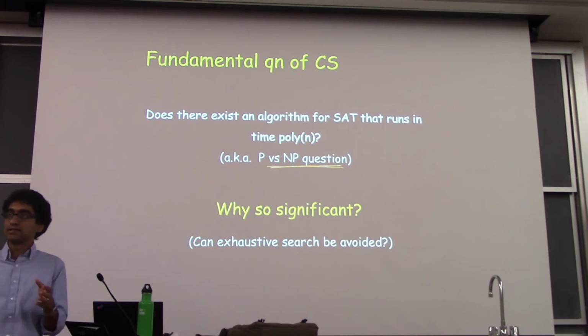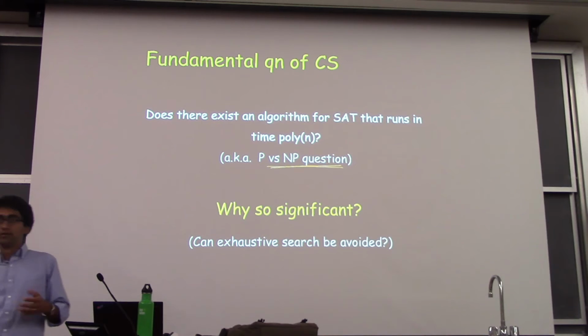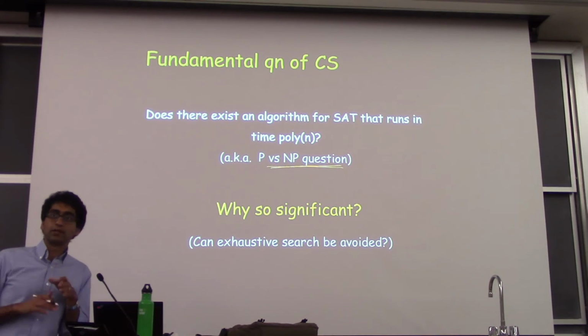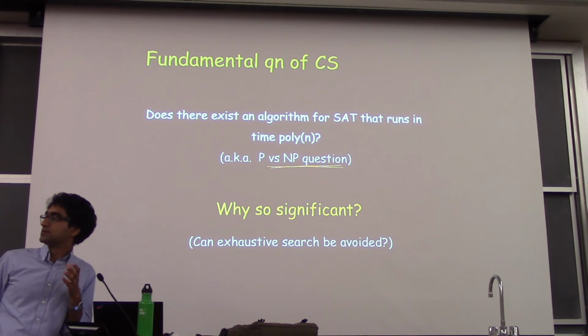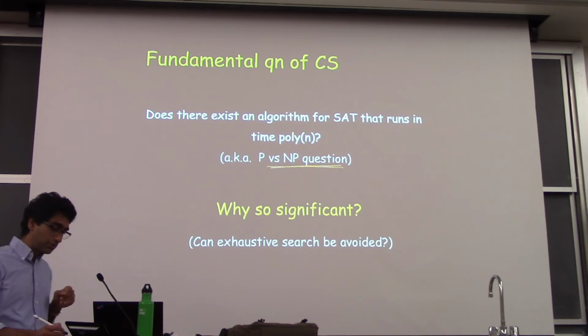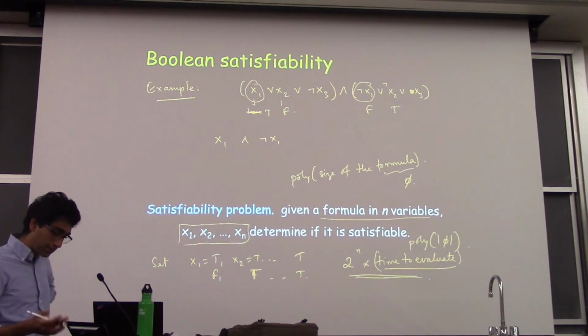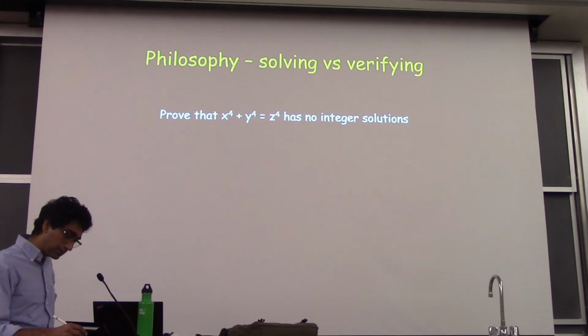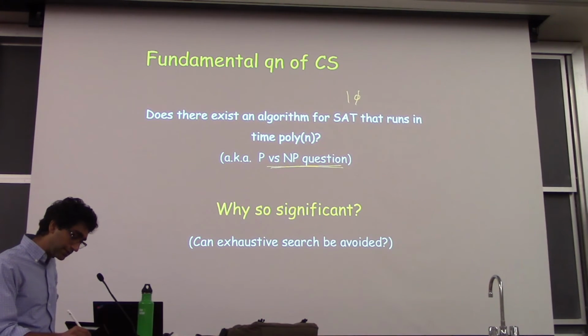Exhaustive search takes time like 2 to the n, and we are asking if there is a very smart way of finding an assignment which avoids this kind of exhaustive search. Suppose I give you a formula whose size of phi is poly in n.